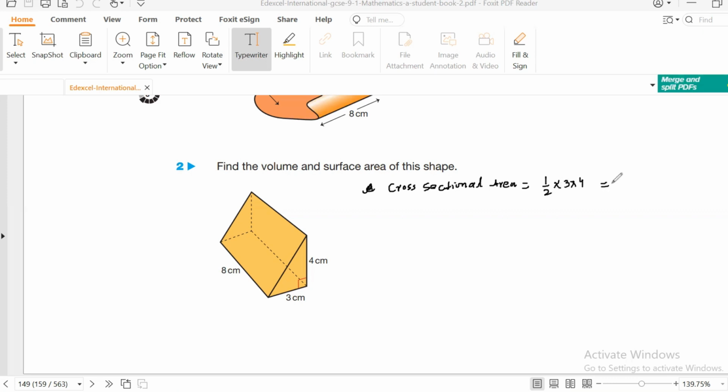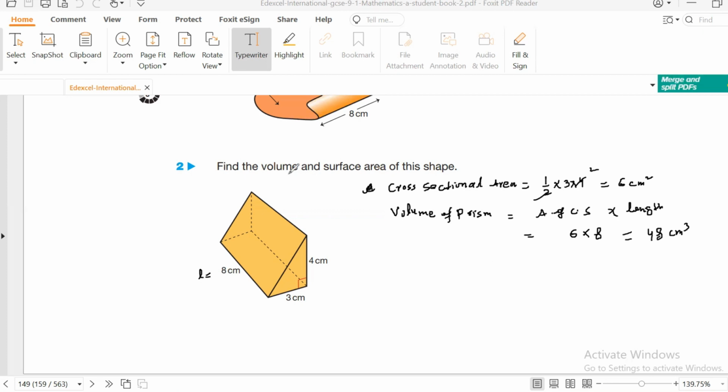So half of 4 is 2, and 3 times 2 is 6, which gives us 6 centimeter squared. Then the volume of the given prism is equal to cross-sectional area multiplied by length, and the length is given, which is 8. So 6 multiplied by 8 gives us 48 centimeter cubed.